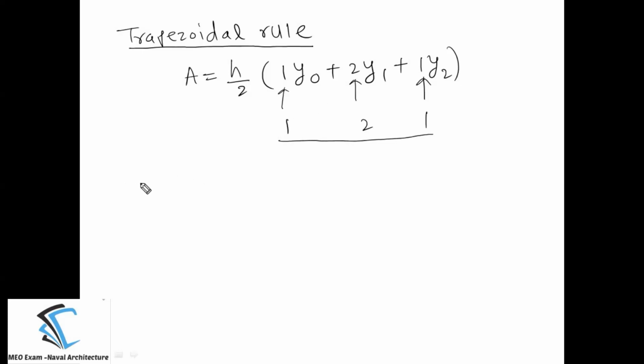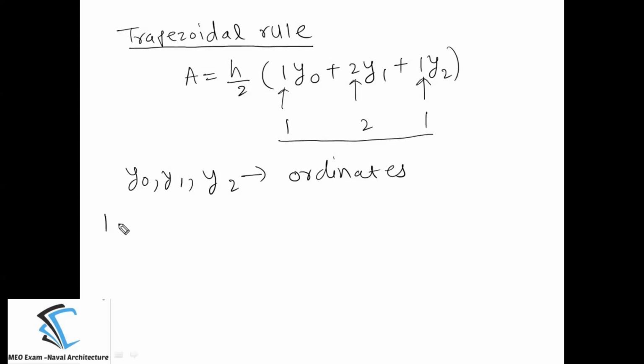Now one more thing you have to understand here before starting the numerical. This y0, y1 and y2, generally I am going to call as ordinates. The general name for y0, y1 and y2 is the ordinates.